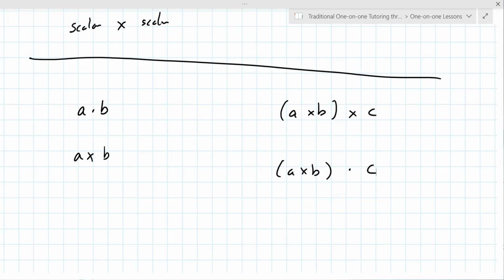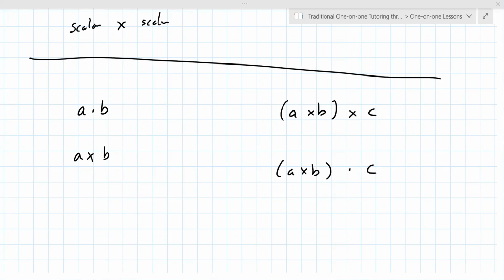So let me pull up this other thing. It was a practice test. Let me see if I can find it. Oh yeah, okay, let's look at this one.